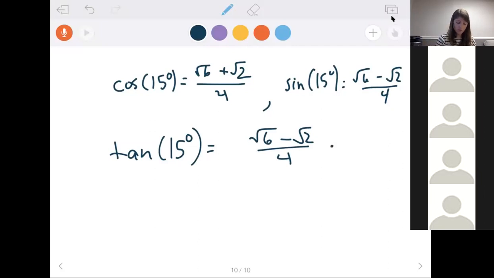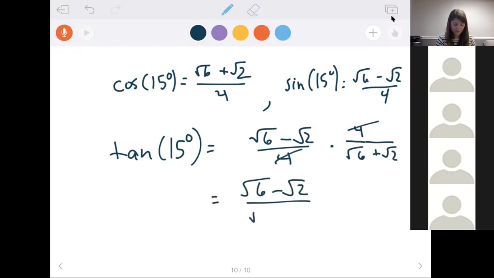So we're going to multiply by the reciprocal of our cosine, which is the same thing as dividing by cosine. So notice our 4's cancel out. And if you wrote this, I'd be happy.